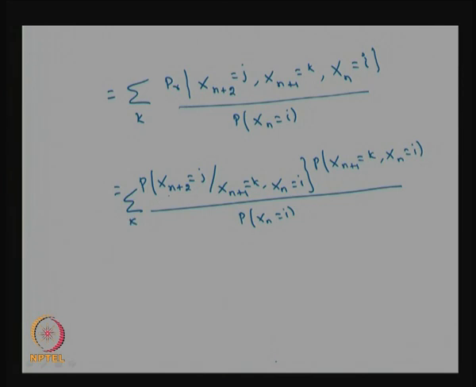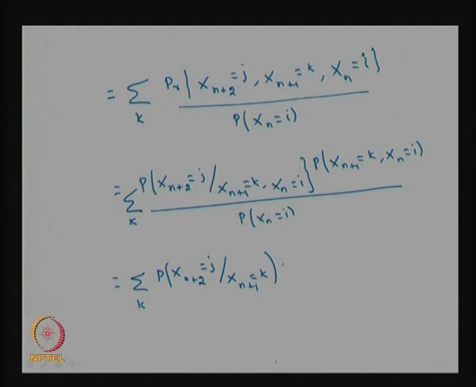Since the X's form a time homogeneous Markov chain, this conditional distribution, by using the Markov property, is the same as the conditional distribution of X_{n+2} taking the value j given that only the latest value is needed, not the previous history. Therefore, because of the memoryless property, X_n taking the value i is removed.